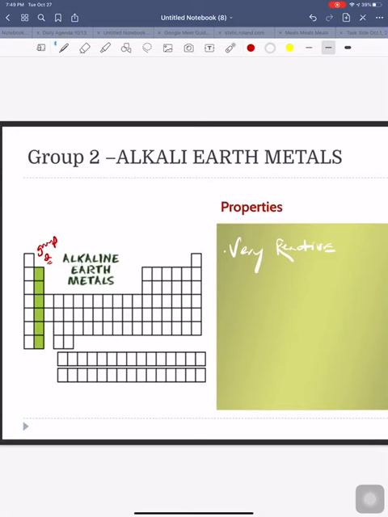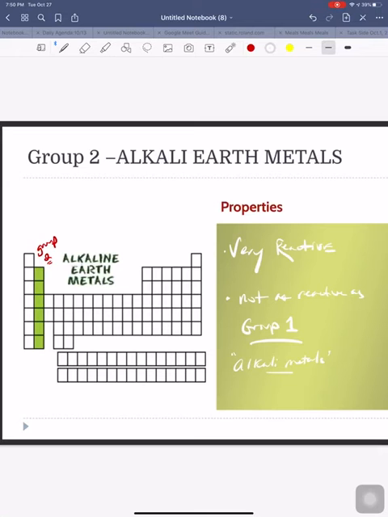But, are you ready for this? Don't mock me. They're not as reactive as group 1 or our alkaline metals. So, what do I want you to know about alkaline earth metals?